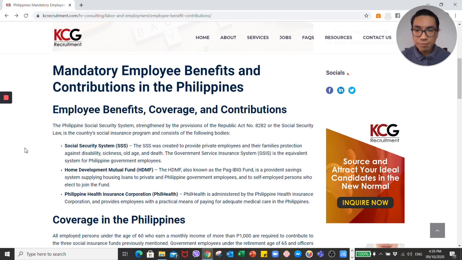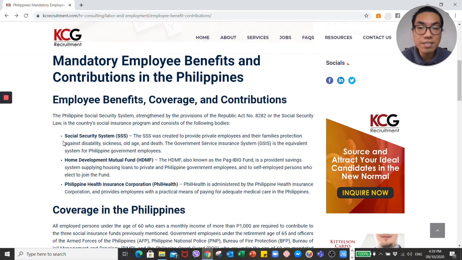For the SSS, or Social Security System, the purpose of this contribution is usually protection against sickness, accident, and death of the employee. A minimal pension for the employee once they retire is usually applicable too, but very minimal.